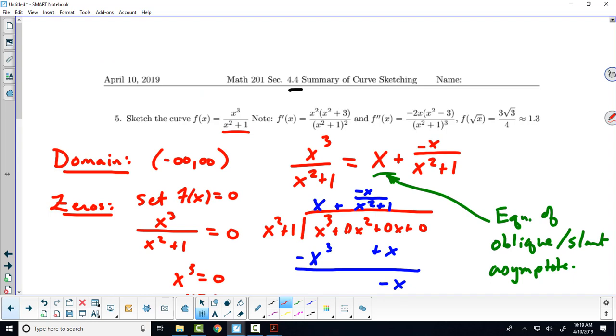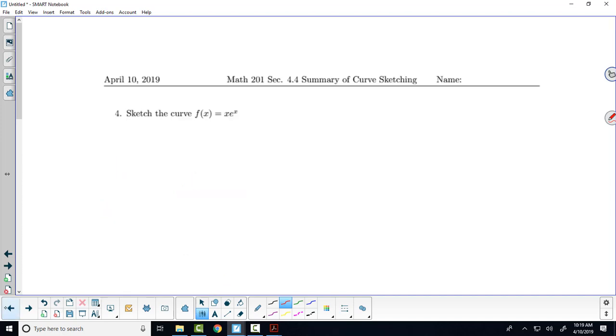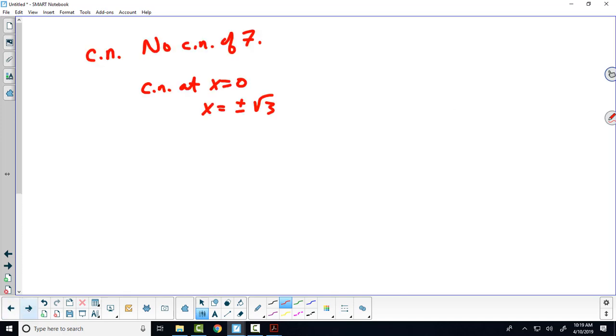So when is the second derivative 0? Oh, I'm sorry, I made a mistake, folks. I'm jumping back and forth. We do have critical numbers of f, right? We have x equals 0, and the critical numbers of f prime are 0 and plus or minus the square root of 3. Okay. We okay with that?